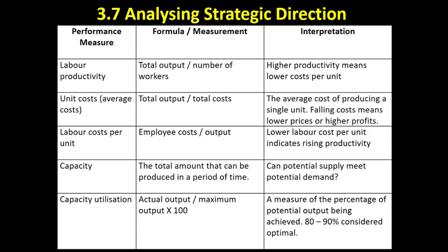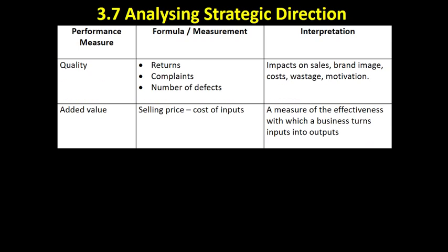So looking at capacity utilisation and these other methods, we're going to want to consider these in our SWOT analysis, and these are the calculations that you need to know to do that. These two measures haven't really got calculations, but again, I would certainly want to be considering these two operations measures as part of my SWOT analysis.